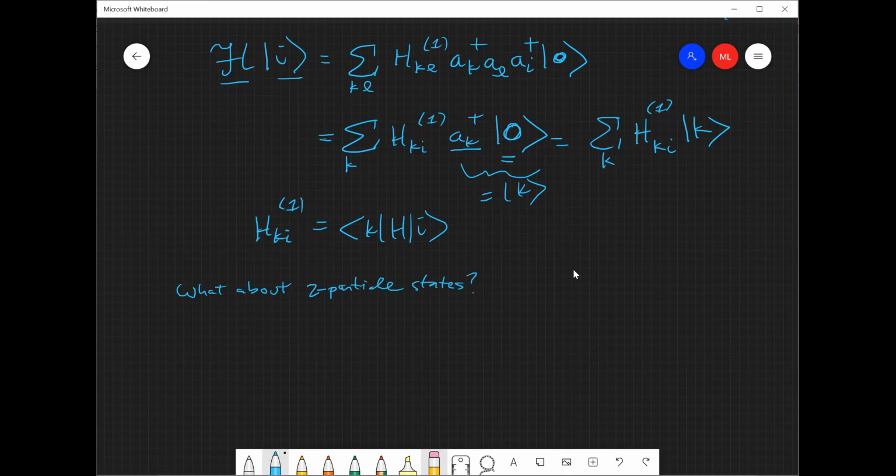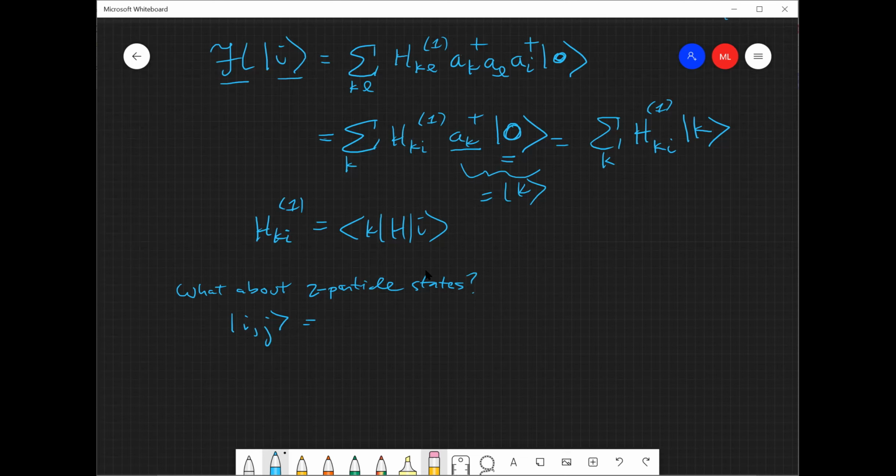If we have a two particle state, I can call that I comma j. And again, you have to forgive me, but we're going to have to go back and forth between the occupation number representation and things we know, like single particle kets. This is a sort of two particle ket. It's just convenient because what we're trying to do is connect stuff we know, like single particle states and two particle states, to this occupation number formalism, which isn't always so intuitive.